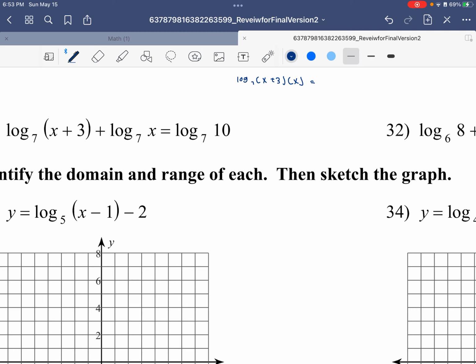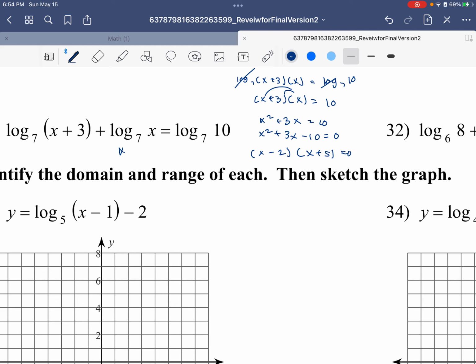And on the right side, we still have log base 7 of 10. Now that we have one log on both sides, we can cancel out, and now we don't have a log anymore. We just have this. So I'm gonna distribute, and I'm gonna have x squared plus this equals 10, and then set it equal to 0 by moving 10 to the left, and then factoring.